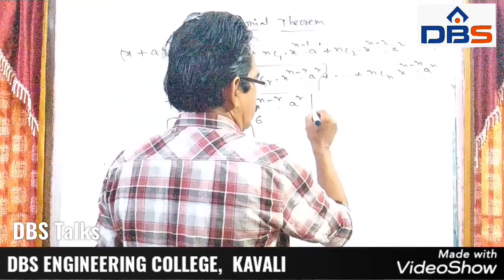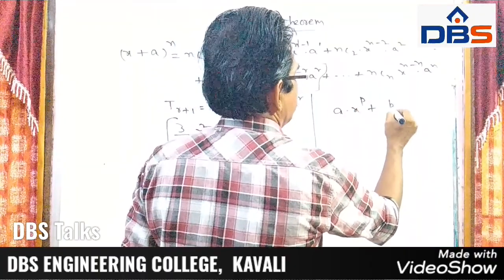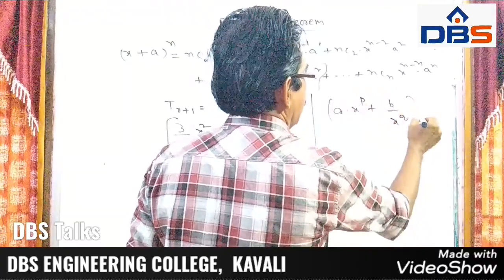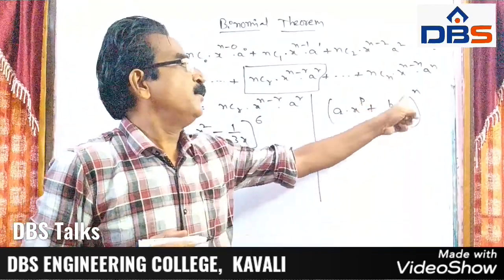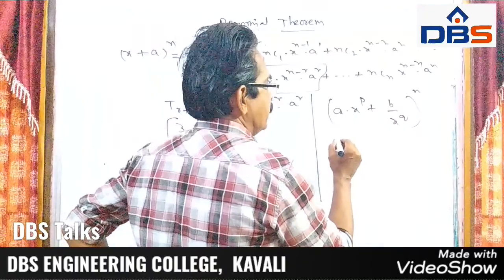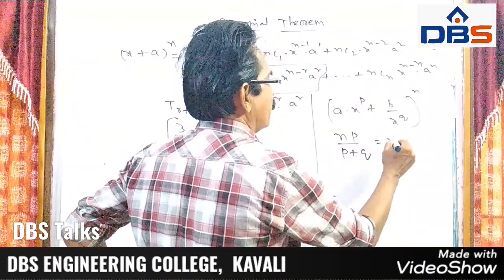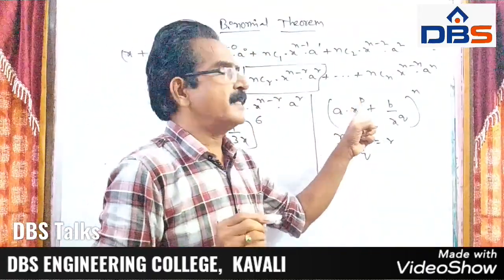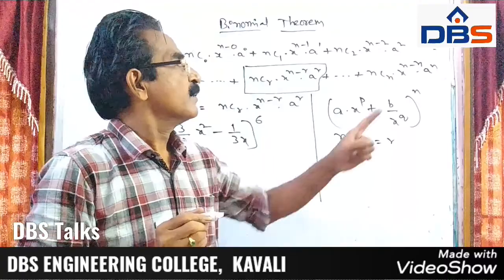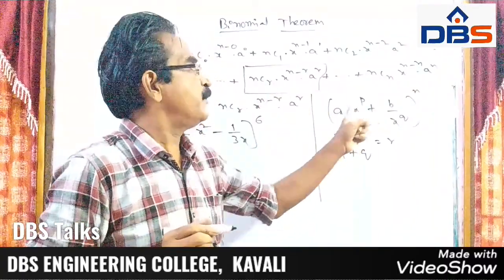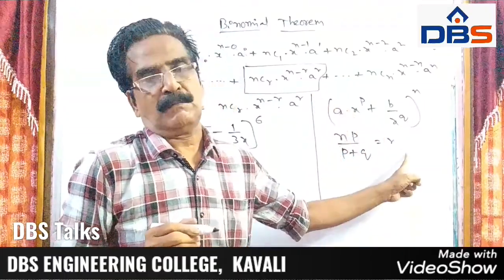See friends, you must be knowing, if the expansion is of the form (a into x power p plus b by x power q) whole power n, then by doing np by p plus q, you will get r. If the expansion is in this form, then np by p plus q is equal to r.